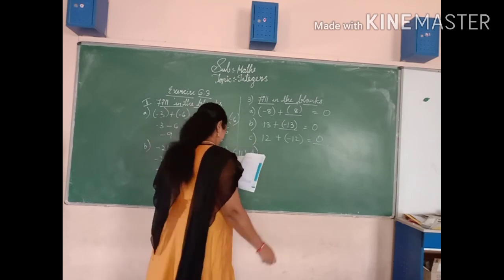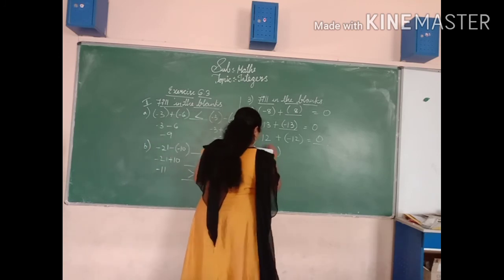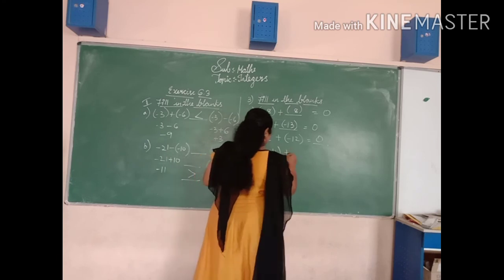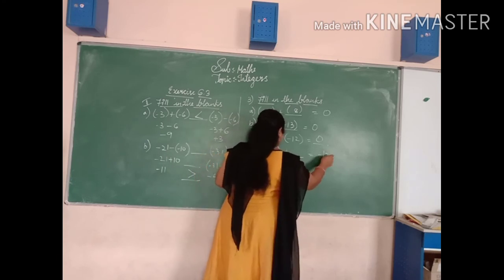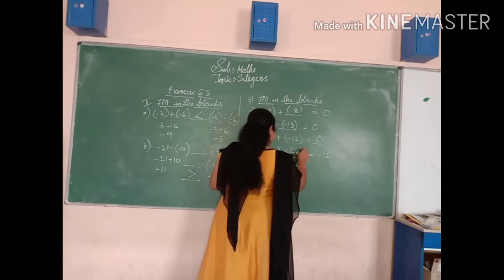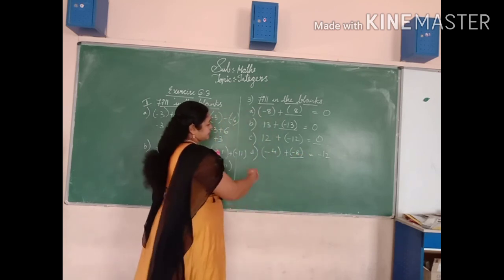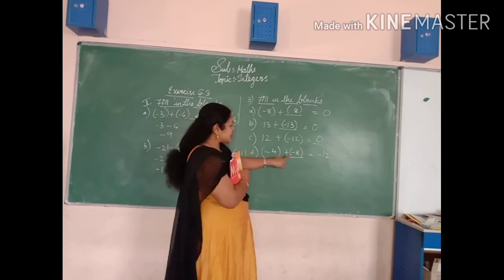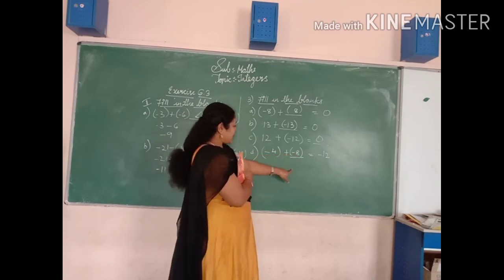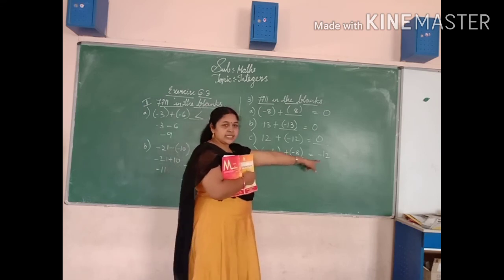D, minus 4 plus dash is equal to minus 12. It is minus 8. Minus 4 plus into minus, minus 8. 8 plus 4 will give you minus 12.